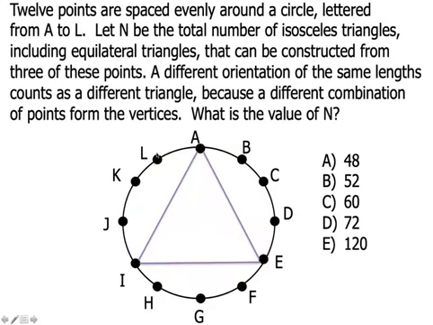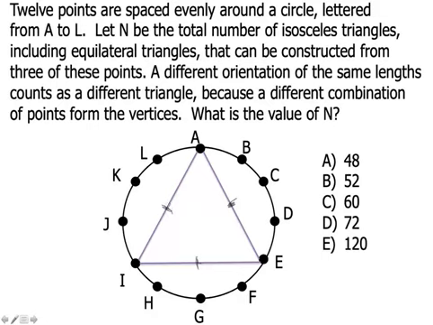So let's zoom in on one of these particular isosceles triangles we drew. AEI is an isosceles triangle, but it's also an equilateral triangle, right? The distance from A to E, again, evenly spaced, 1, 2, 3, 4 points, is the same as the distance from E to I, evenly spaced, 4 points, 1, 2, 3, 4, is the same as the distance from I to A, another 4 points, 1, 2, 3, 4.